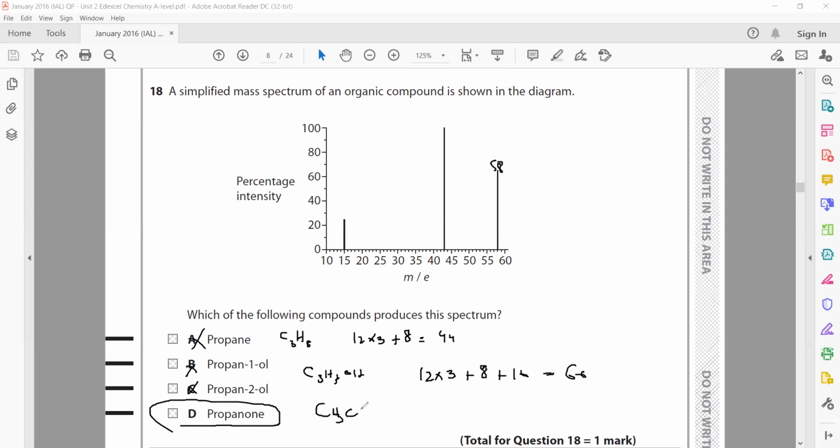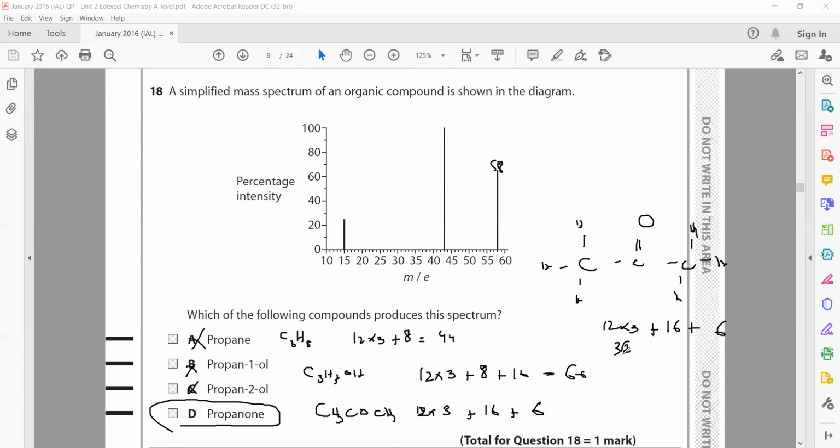It is CH3COCH3. So 12 multiplied by 3 is 36, plus oxygen is 16, plus hydrogen, 6 hydrogens.